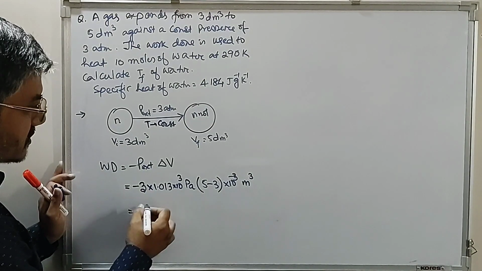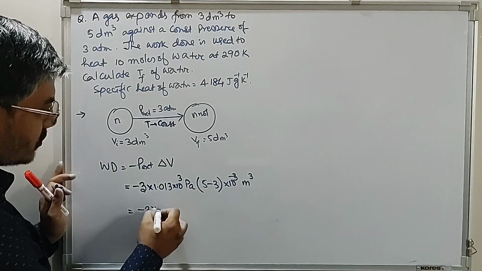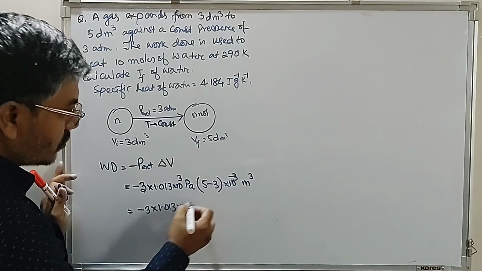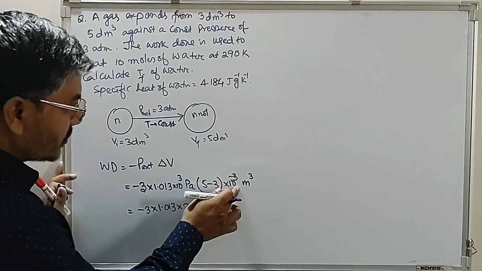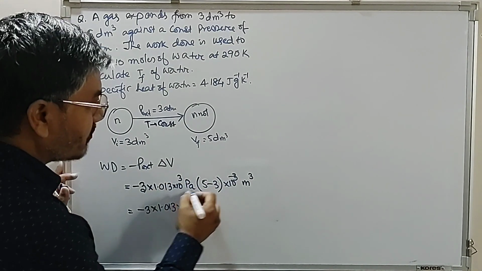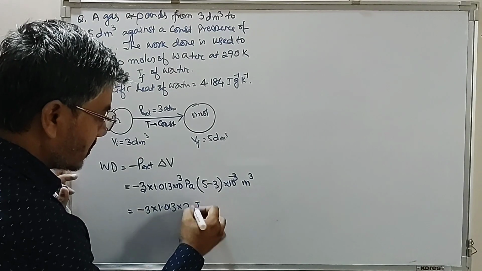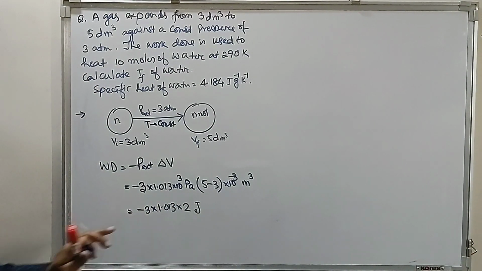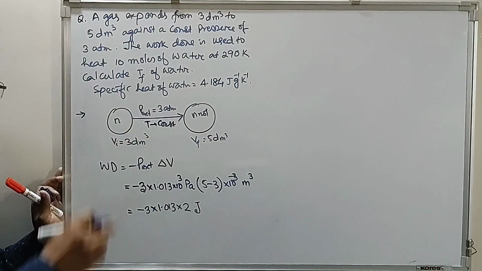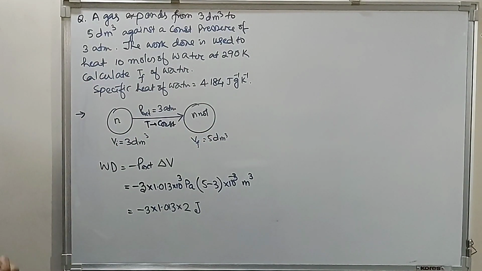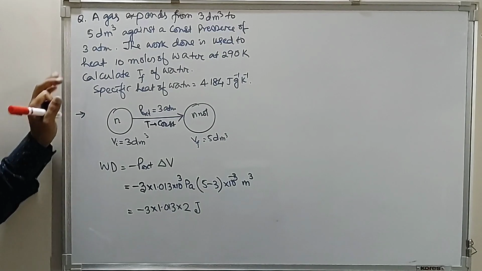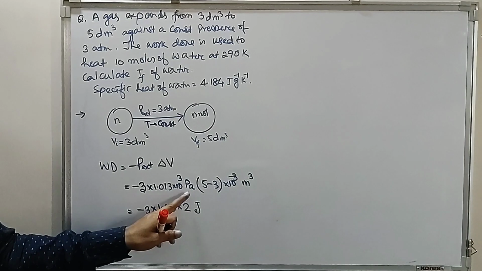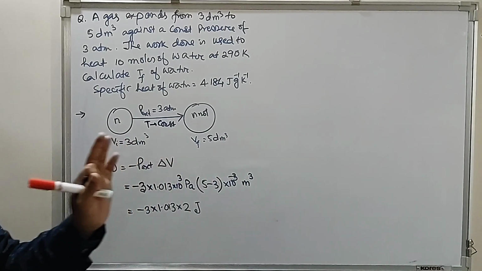So this is minus 3 into 1.01325 into 2, the 10 to the power minus 3 and 10 to the power 3 will cancel out. So this is Pascal meter cube, which we say is joule. So this much work is done in this irreversible isothermal process.